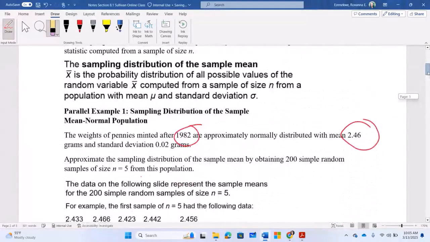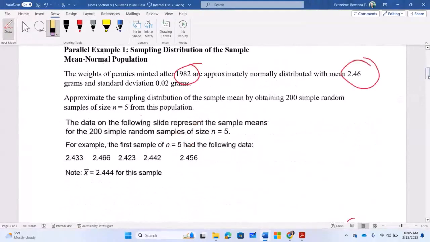The weights of pennies in 1982 are approximately normally distributed, with this mean, which is the mean of the weights of pennies in 1982, and this standard deviation.